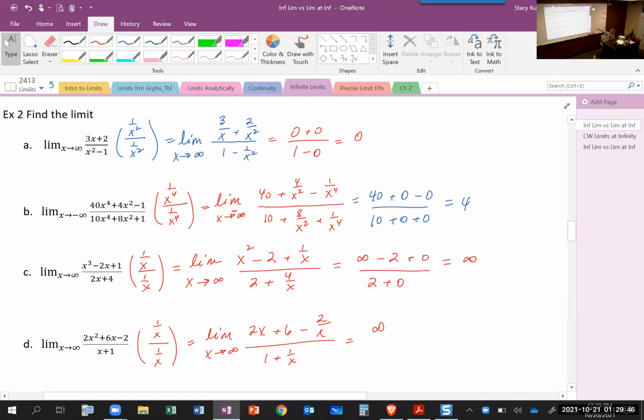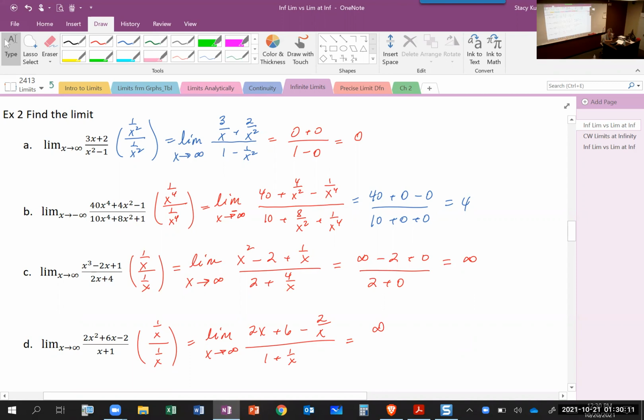It's the ratio of the coefficients, right? Yeah, divide the coefficients, 40 over 10, which would be 4, right? And that was what we got, right? The limit as x approaches infinity is 4. Okay. What about the next one? The degree of the numerator is greater than the denominator by 2, right?